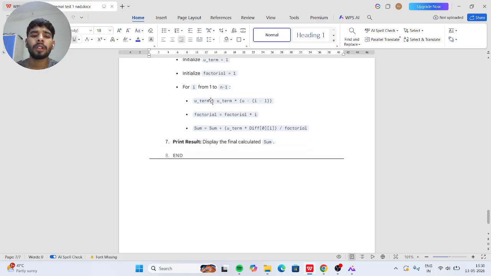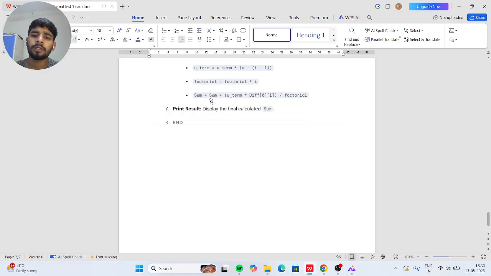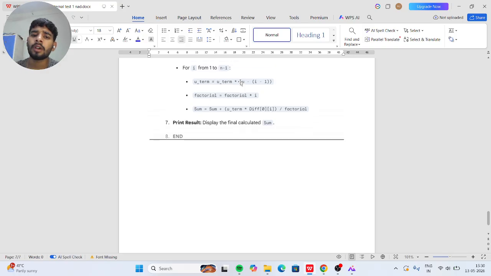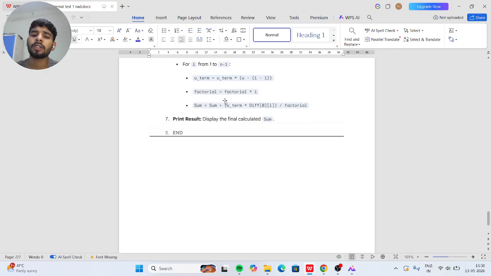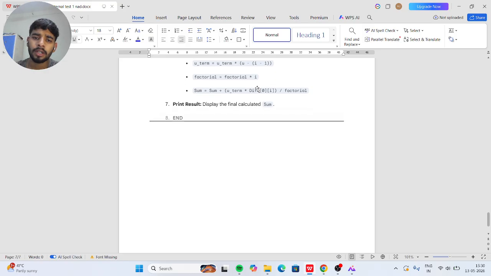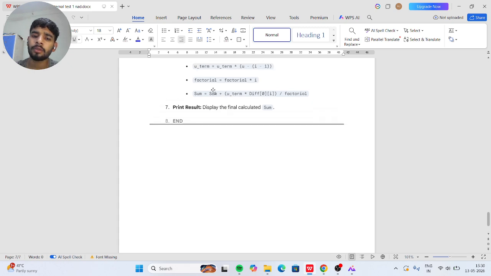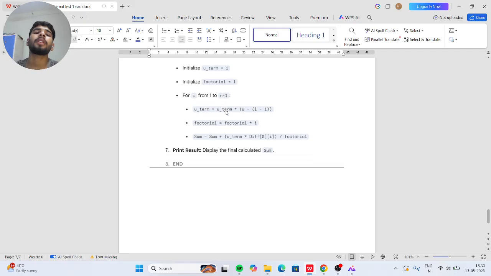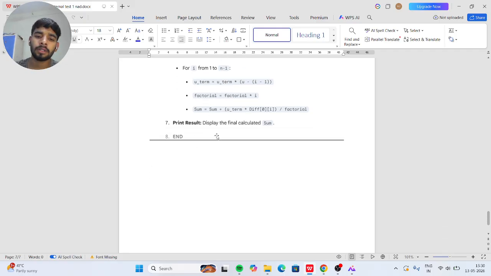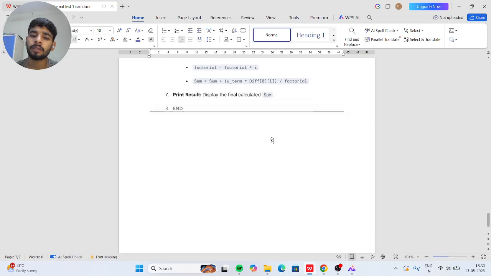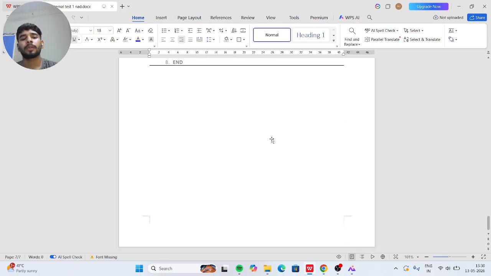For i from 1 to n minus 1, u term equals u term times (u minus (i minus 1)), and factorial equals factorial times i. Now sum equals sum plus u term times difference[0][i] divided by factorial. After completing our loop, which goes up to n minus 1, we print the result, display the final calculated sum, and end the program.